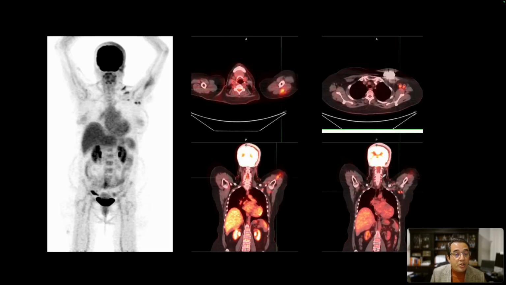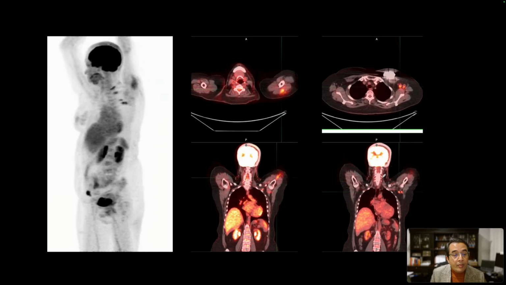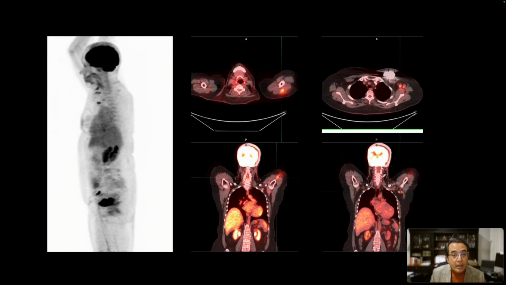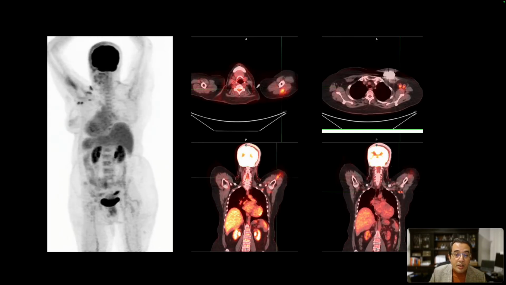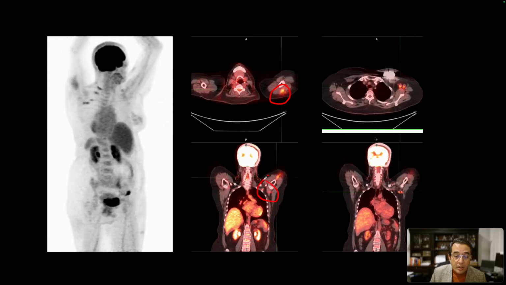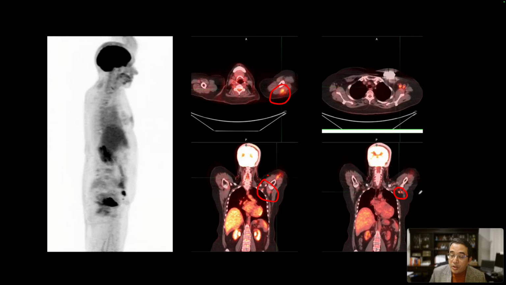This is our next patient. On their rotating image, we find that there are several foci of increased uptake, and these are seen right here and also in the axilla, and there are these two axillary lymph nodes that are hypermetabolic.